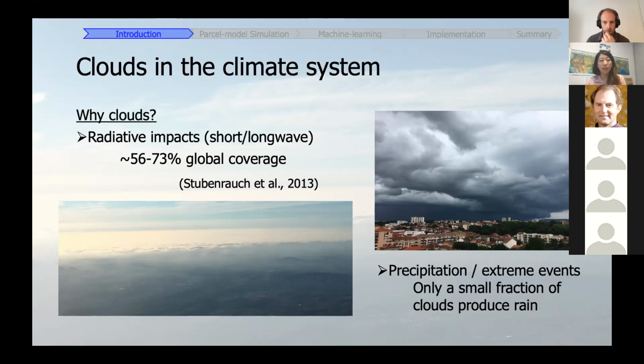And sometimes it can even lead to extreme precipitation events and cause floods. Those extreme events have severe impacts on our lives and are important as well. So clouds, because of their impacts on radiation and also dynamics, are a key factor in the climate system.